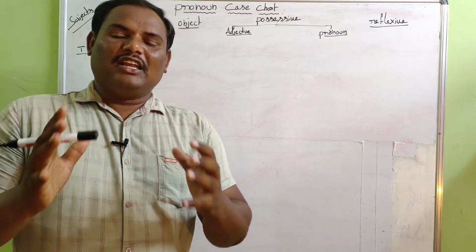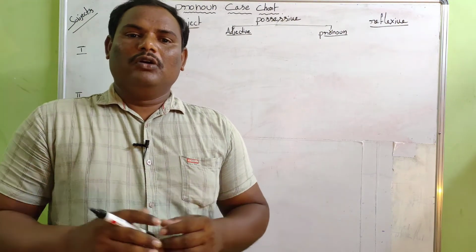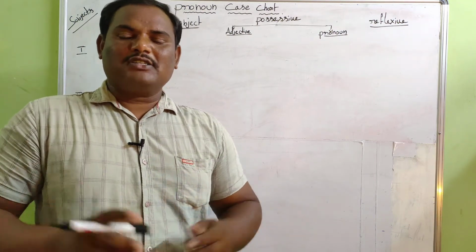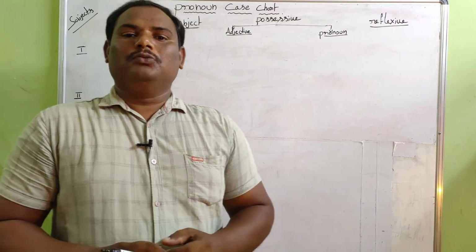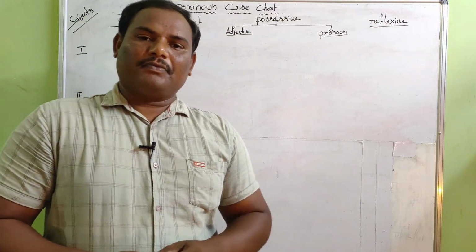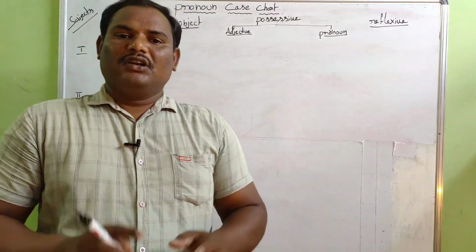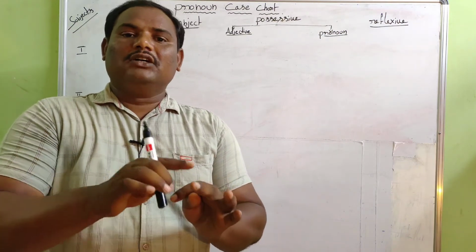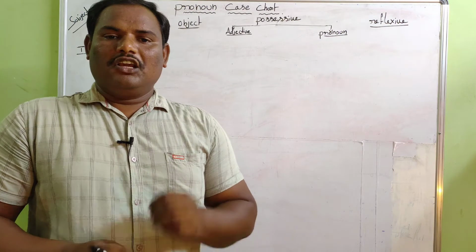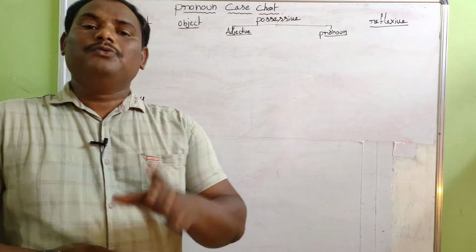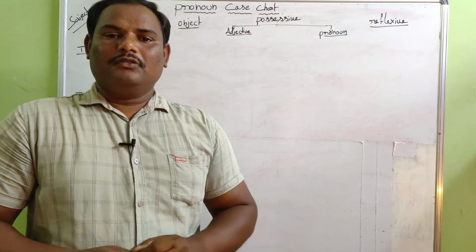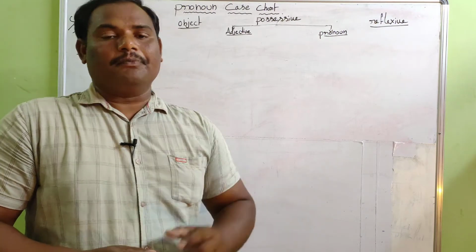To understand this pronoun case chart, we have to know the classification of pronouns. Dear friends, pronouns can be divided into three kinds: first person pronouns, second person pronouns, and third person pronouns. Under first person pronouns, we get two pronouns, I and we.